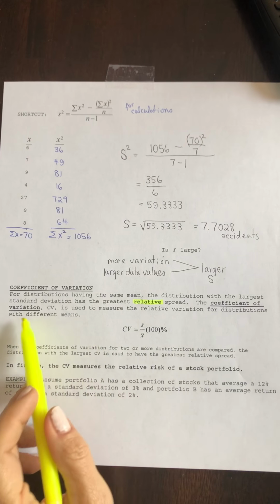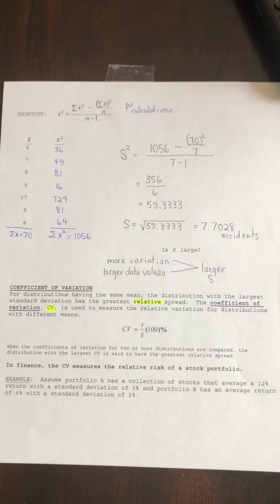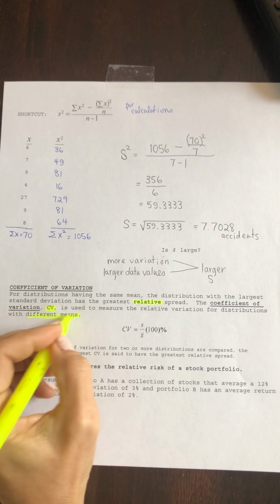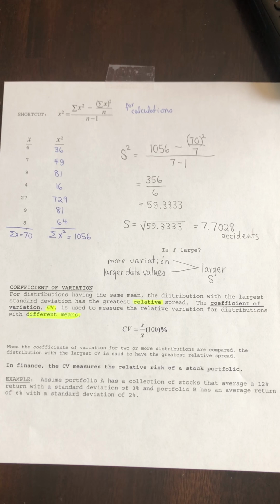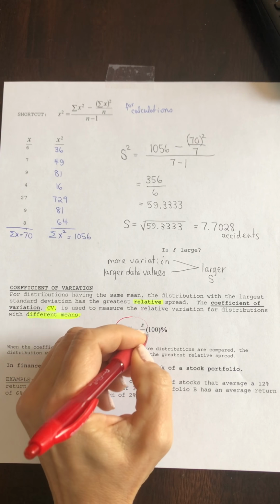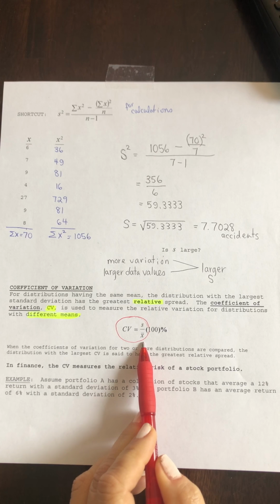What the coefficient of variation does, and it's denoted by CV, is measure the relative variation for distributions that have different means. So we're going to need the coefficient of variation when the distributions have different means. The actual formula is this: we take the standard deviation and divide by the mean.